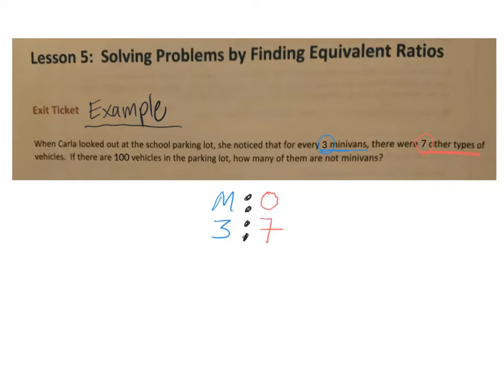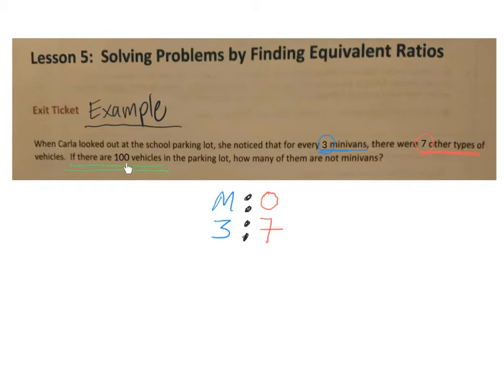Now, the deal here is they're actually wanting you to figure out if there are 100 vehicles, okay? So now we're talking about 100 vehicles, which means both minivans and the other types of vehicles.